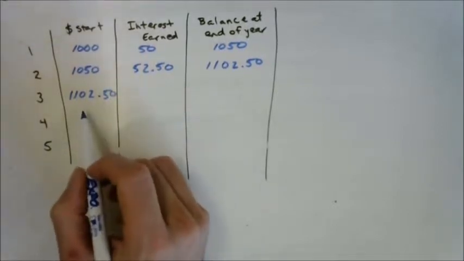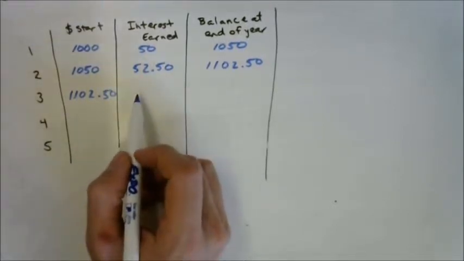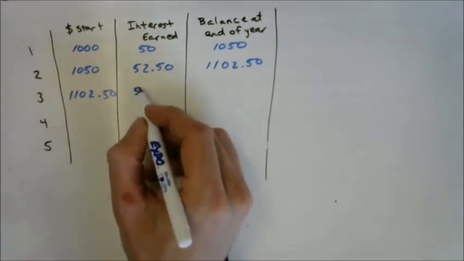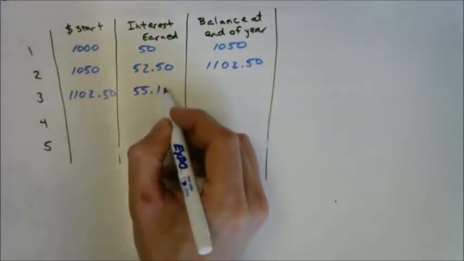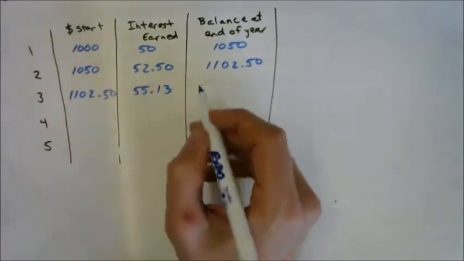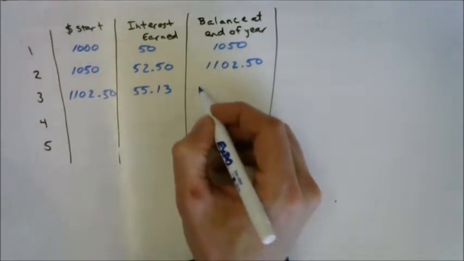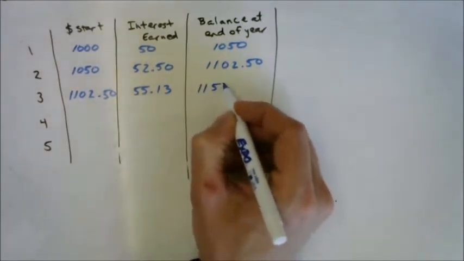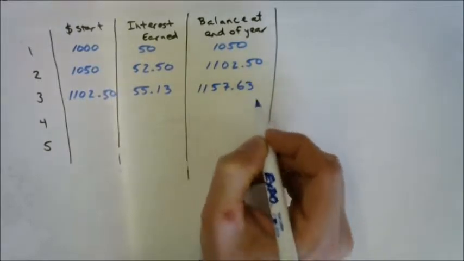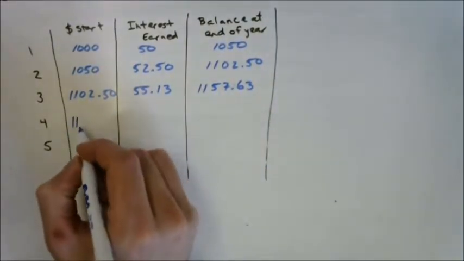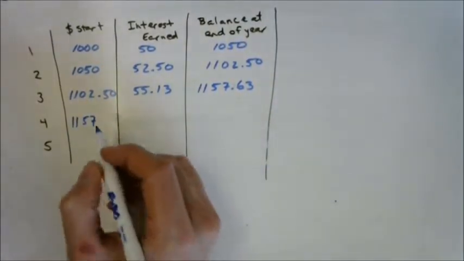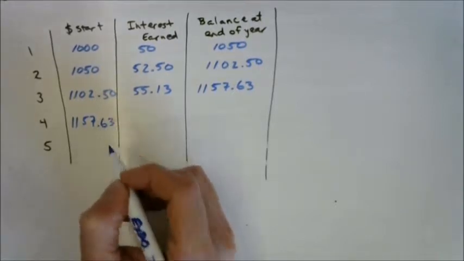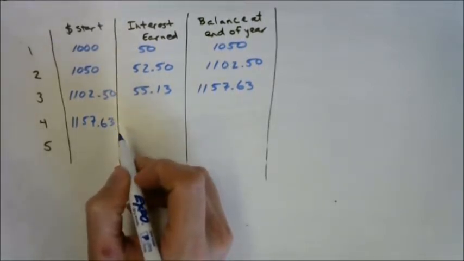So what's 5% of that? 55.125. 55.1, and we'll round up to 13. So then we're going to be at 1157.63, and that becomes the starting amount, the principal amount at the beginning of year 4. 5% of that.